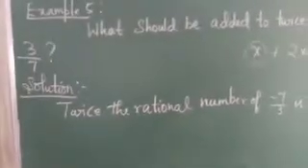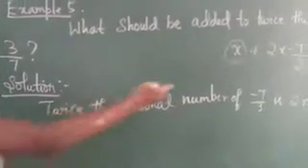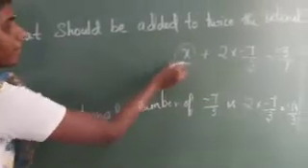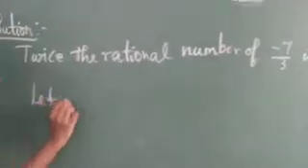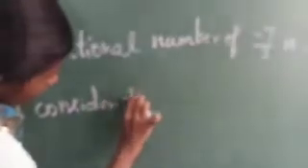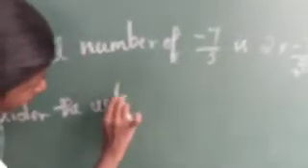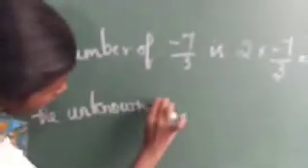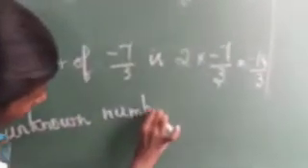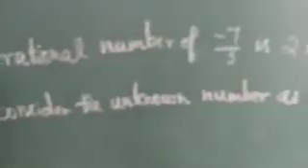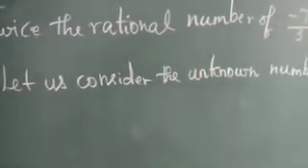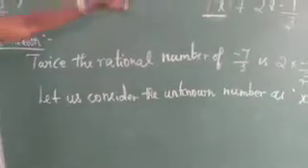So what is my final answer? The number that is unknown, let us consider the unknown number as x. Now you come to this question: what should be added to twice the rational number minus 7 by 3?